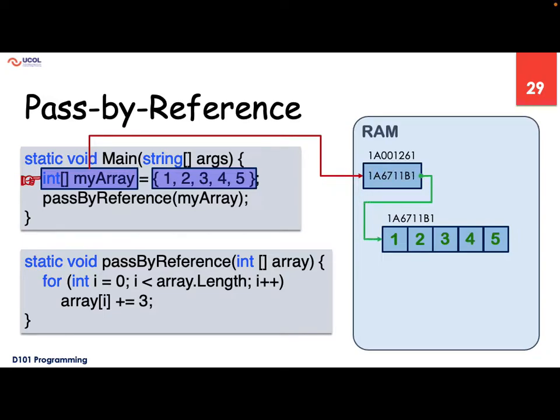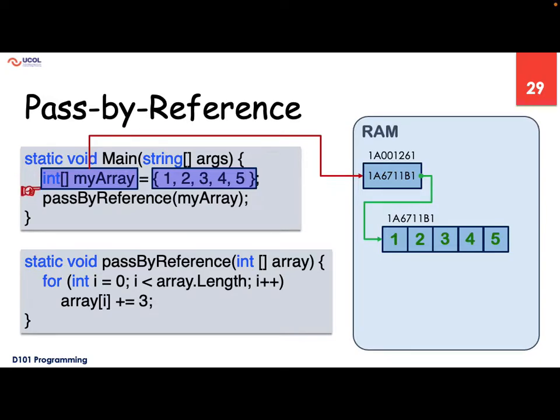So it will create a link between these. Now this is a reference type variable which contains the reference of that integer array.